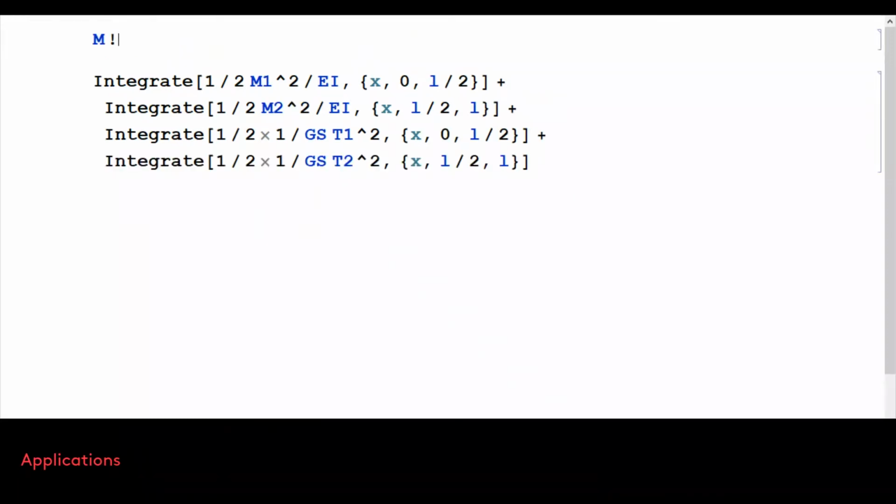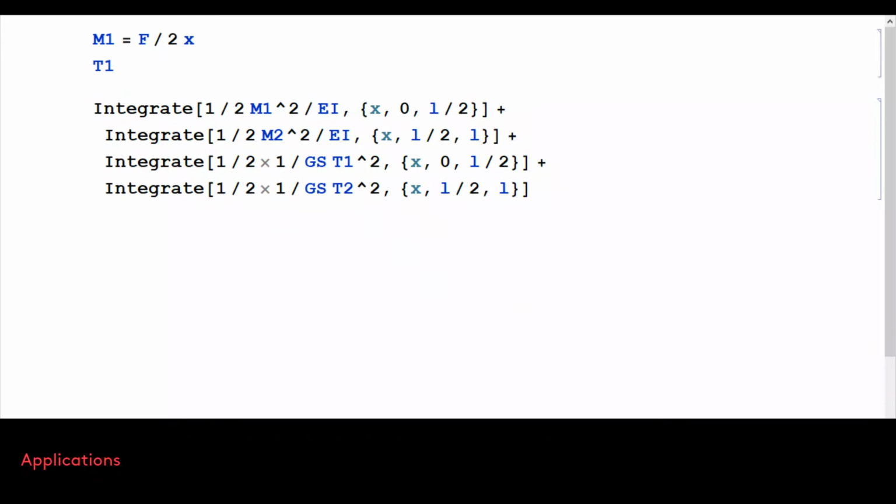So remember that M1 is equal to F divided by 2 multiplied by x. T1 is equal to minus F divided by 2. That's okay.